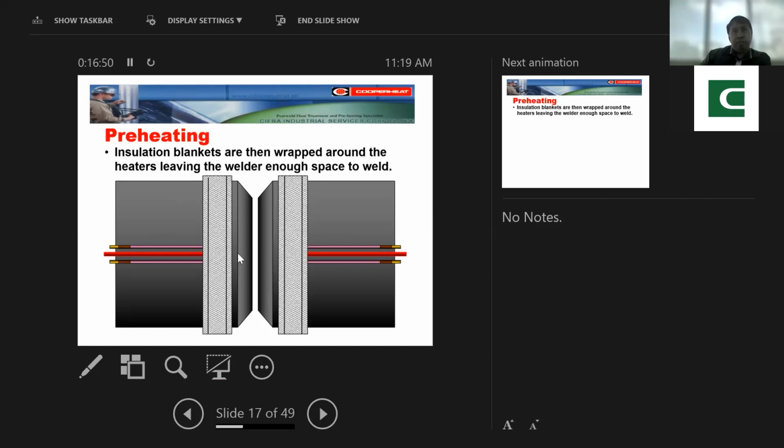hindi tataas ang temperature. Kapag nag-set ka na up to 600, may possibility hanggang 550 lang ang iyong aabutin. Or minsan up to 400. Kapag 400 lang ang inabot ng temperature, wala nang way kundi ulitin mo, dahan-dahan mong palamig, and then ulitin mo yung pag-install ng ceramic heater, dagdagan mo para mas maraming source of heat.